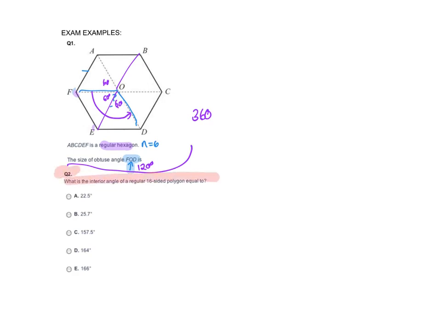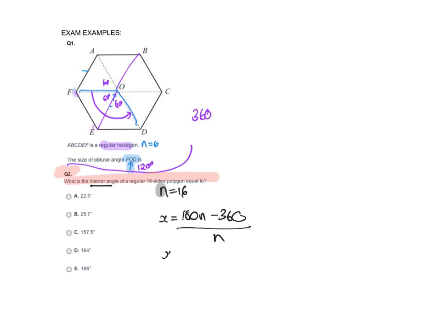Another question. What is the interior angle of a regular 16-sided polygon equal to? So you know that n equals 16. You want the interior angle. So we said the formula was 180 times n minus 360 divided by n.